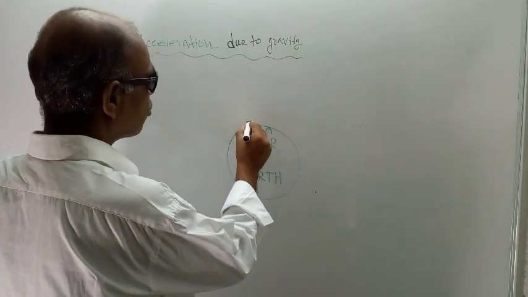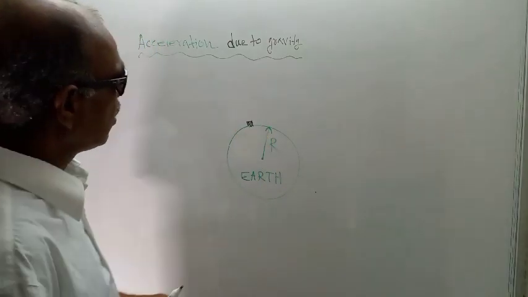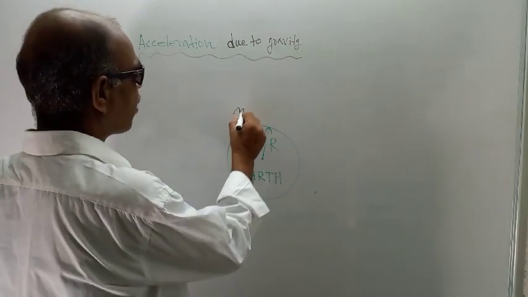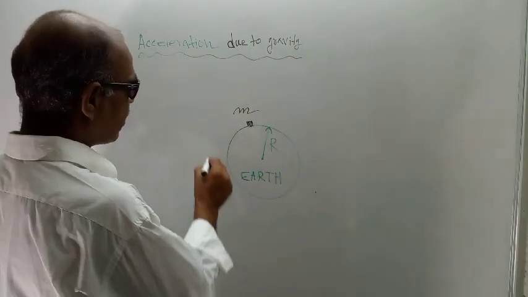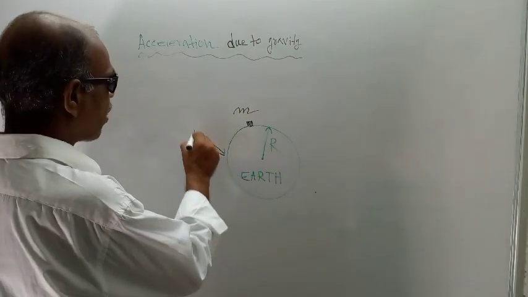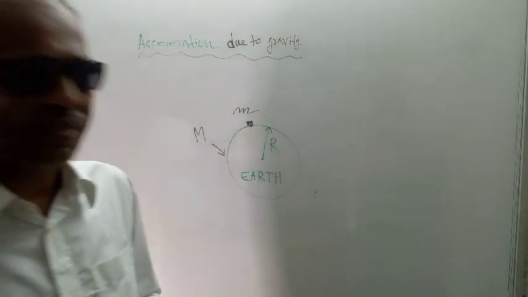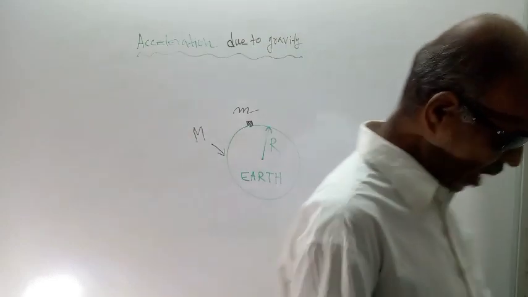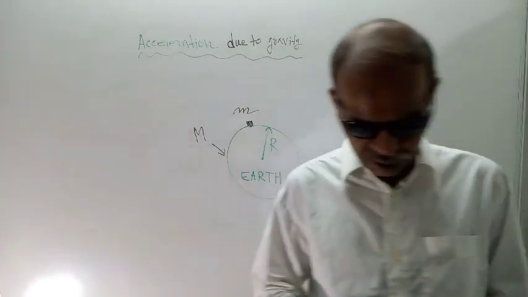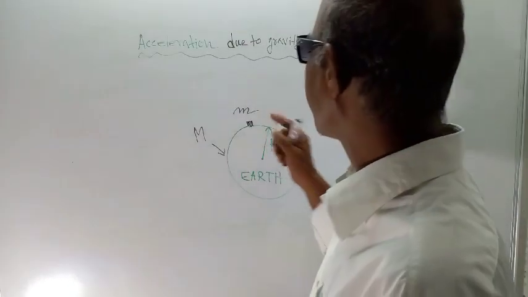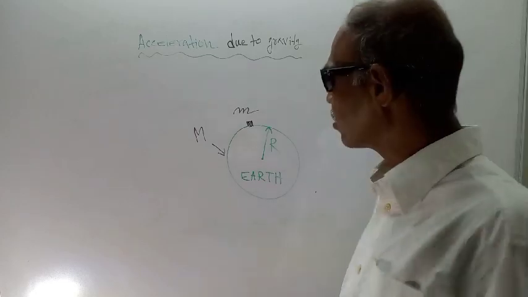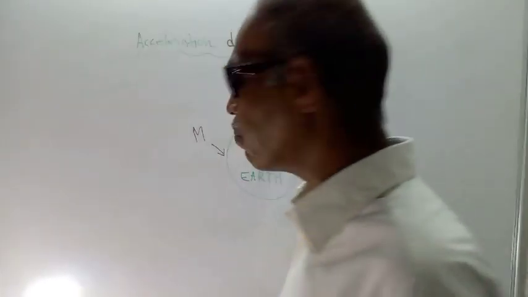This object is having the mass of small m and this Earth is having the mass of capital M. Capital M is the mass of the Earth and the mass of the object which is kept on the surface of the Earth is small m.